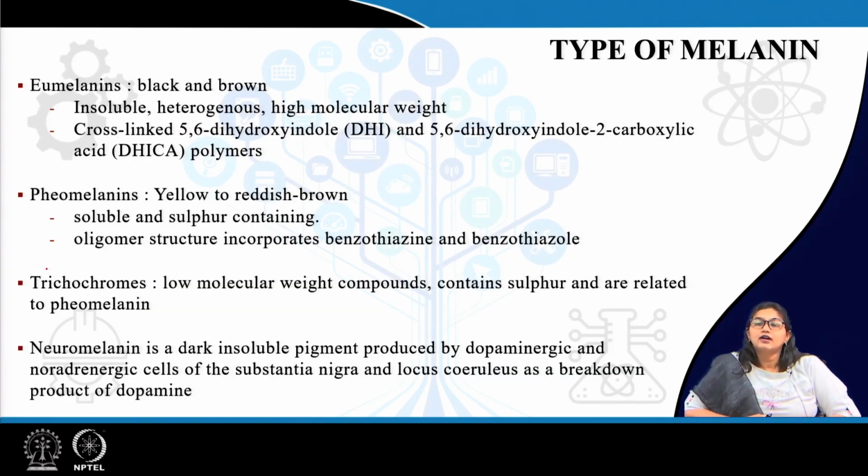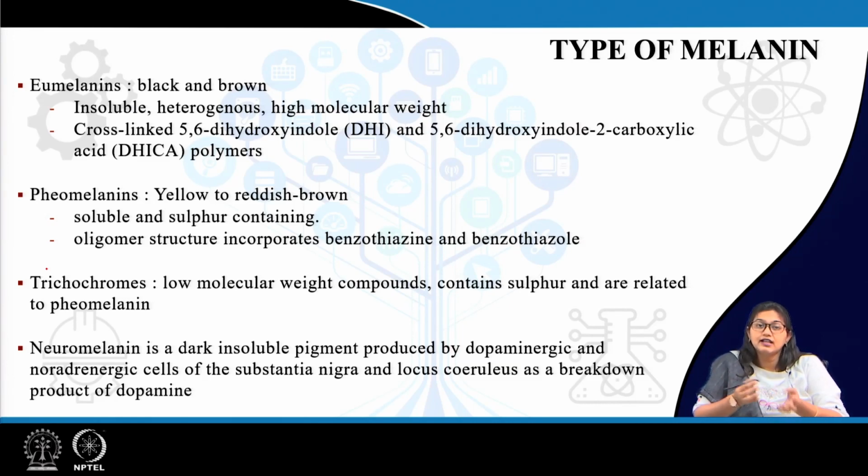Before that, let us discuss different types of melanin in our body. Mostly there are two types, eumelanin and pheomelanin. Apart from these, there are two others, trichochromes and neuromelanins. Now, eumelanin is of two types, one is black, another is brown, based on their color. Eumelanin is an insoluble and heterogeneous molecule.